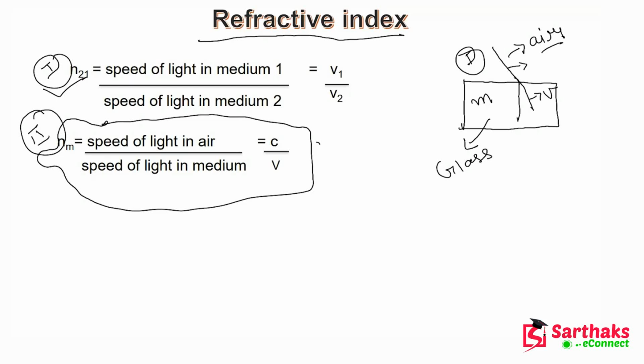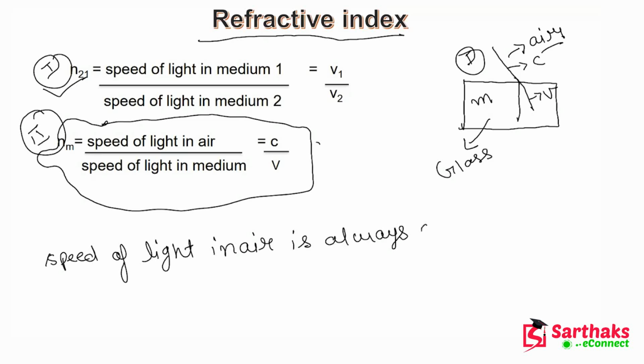And here in this case, the speed of light is c. Actually, the speed of light in air is always constant.